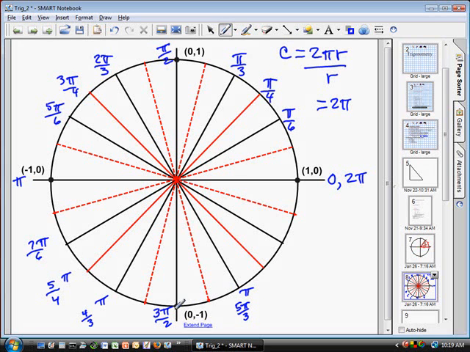Okay, I lost where I was. 18 pi over 12, 20 pi over 12, 21 pi over 12. 3 goes into 21 7 times, and into 12 it goes 4 times. So, okay, 21 pi over 12, 22 pi over 12. I better rewrite that.